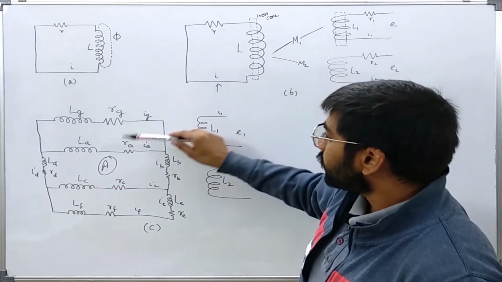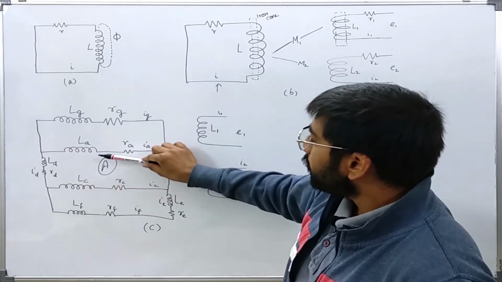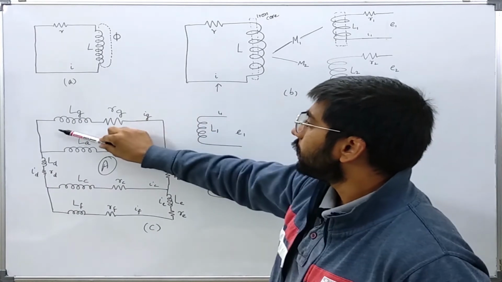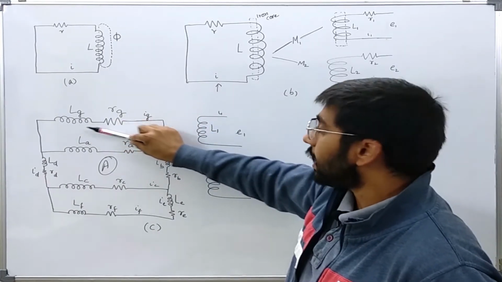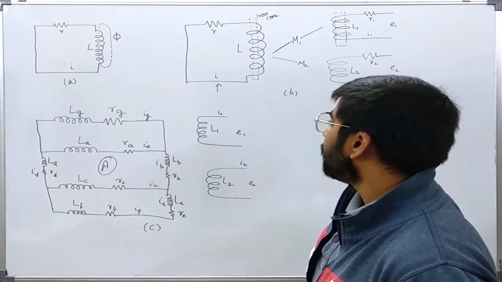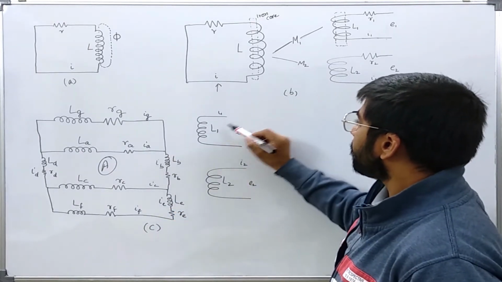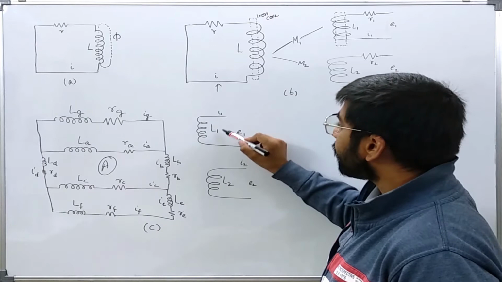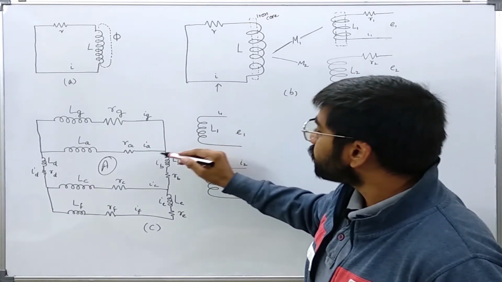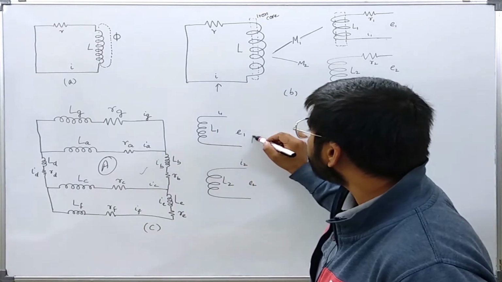Now this closed circuit A has other secondary circuits: LG, RG and current IG, similarly LF, RF, IF, and these are other secondary circuits which may or may not be moving with respect to this circuit, that is, they can be in motion.